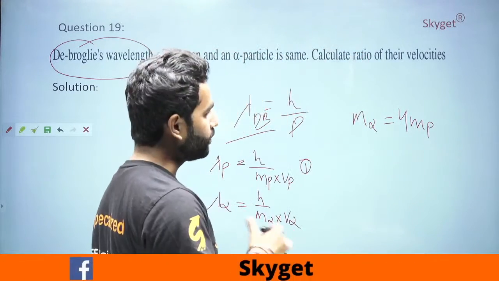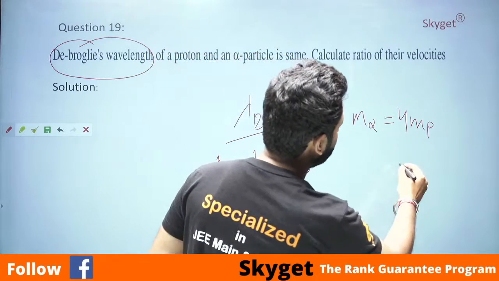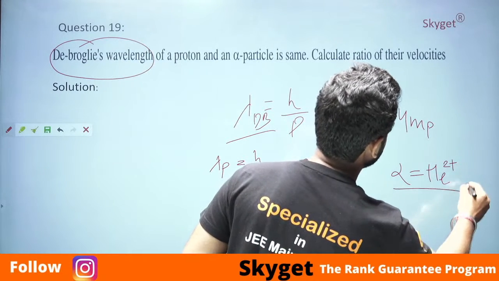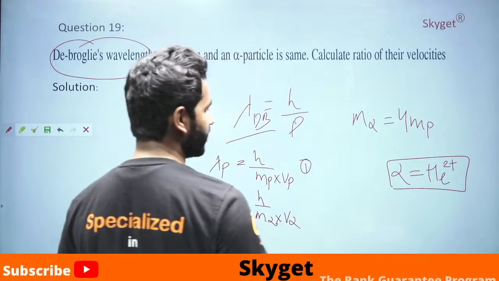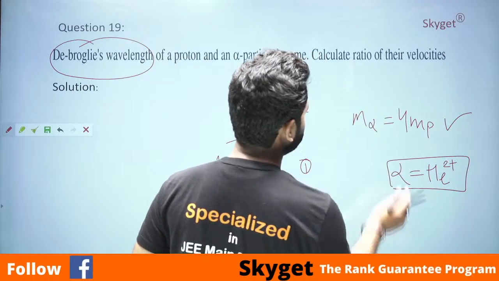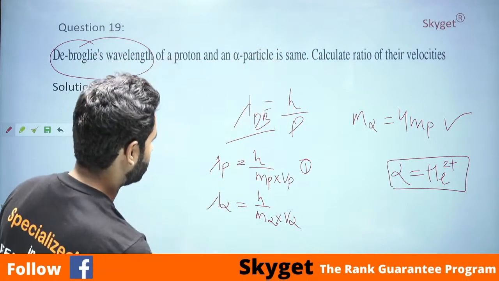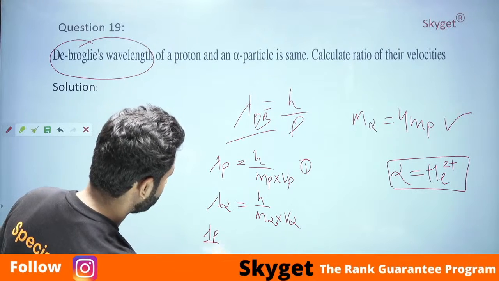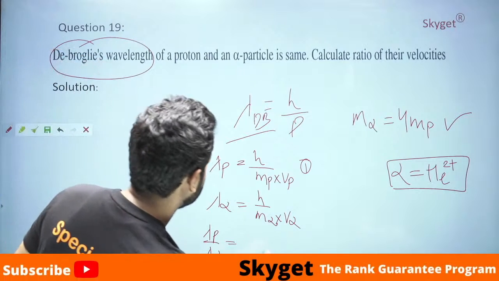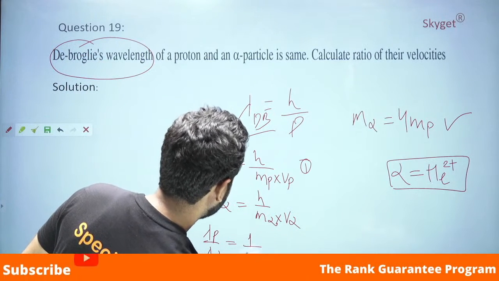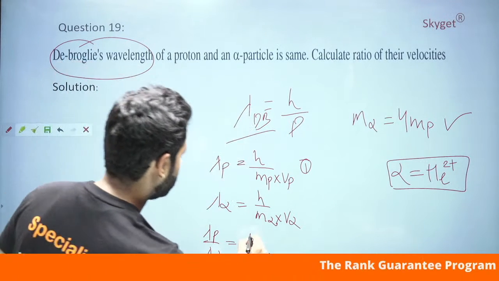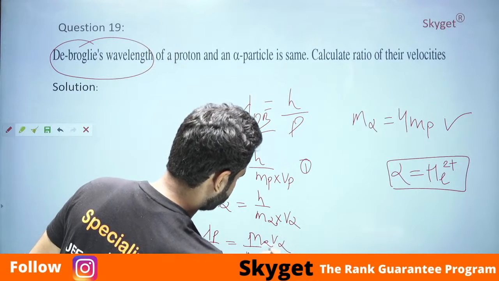Now I hope you know what is alpha particle. In case you don't know, alpha particle is helium 2 positive ion, specifically it is a cation. So just put this mass into this equation, you will get lambda p upon lambda alpha is equal to 1 upon MPVP, here M alpha V alpha.